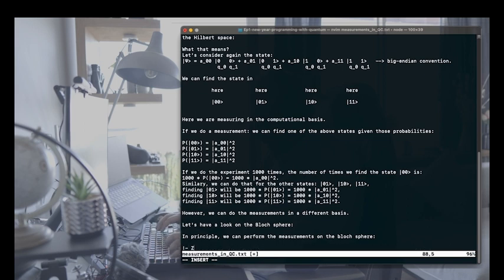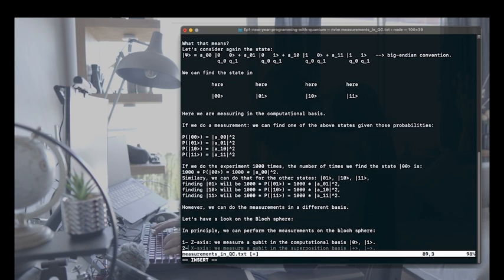However, if we take the 3 dimensions, we can perform first a measurement on the Z-axis. That means we measure a qubit in the computational basis of ket 0 and 1. This is why it's called the computational basis, because it's composed of zeros and ones, the ones corresponding to the bits in conventional computing.